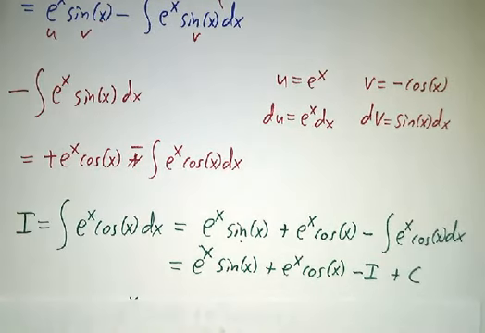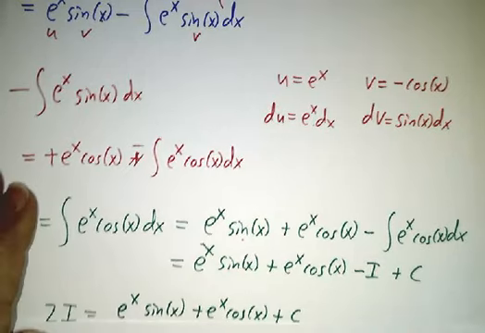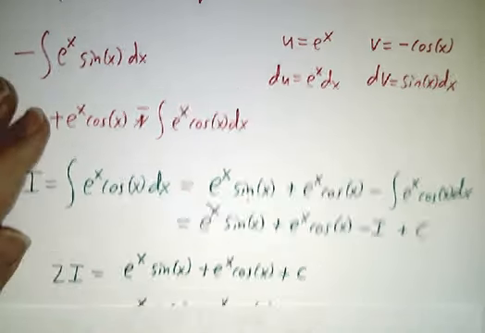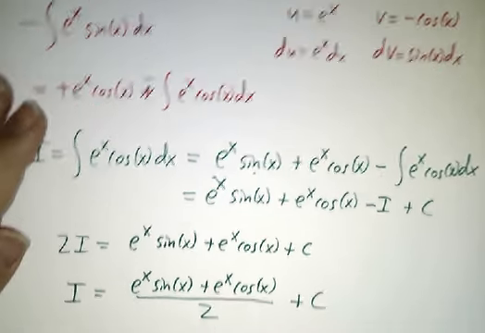Well, that's e to the x sine of x plus e to the x cosine of x minus I, and then you still need to stick in your arbitrary constant. Now we add I to both sides. We get 2I is e to the x sine x plus e to the x cosine x plus our constant. Divide by 2, and we win.